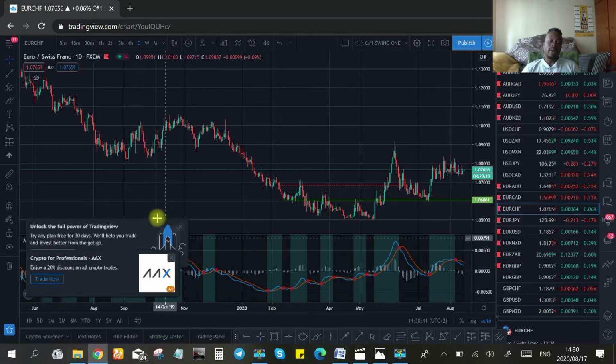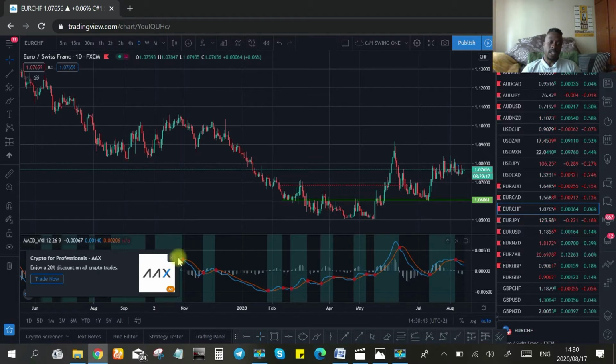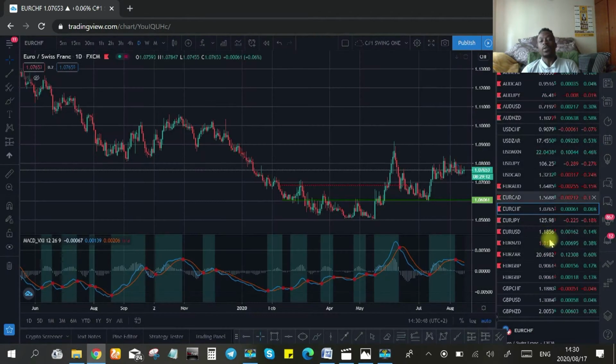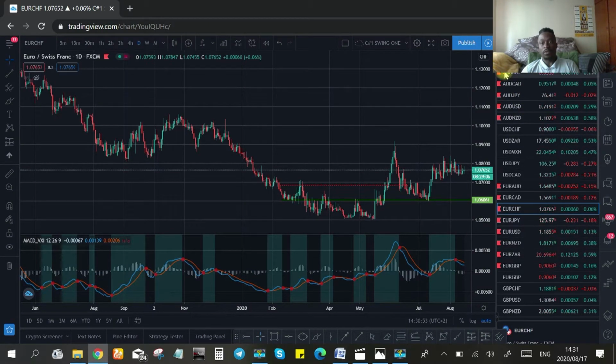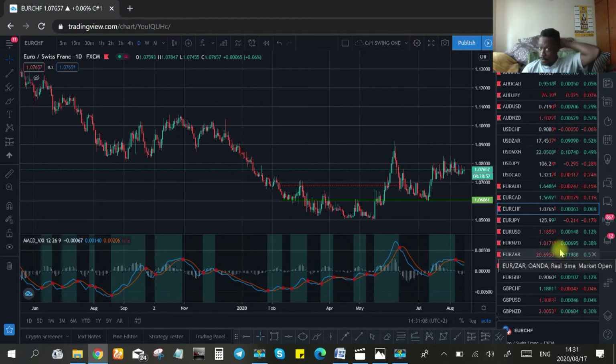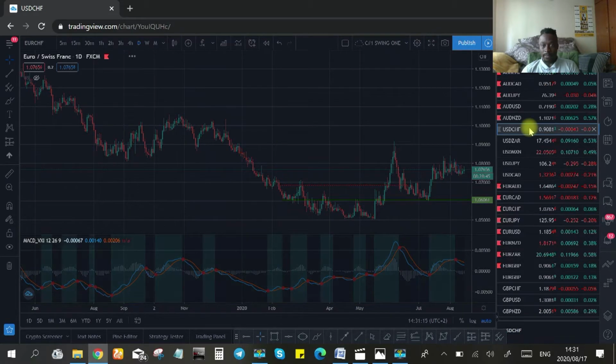I will send you all the markets we're going to be using as a photo, so you can add them. We have Australia CHF, Australia CAD, Australia USD, New Zealand, then USD CHF, and all these markets that we're going to be using. I will send you that photo so you can have an idea of what to add.